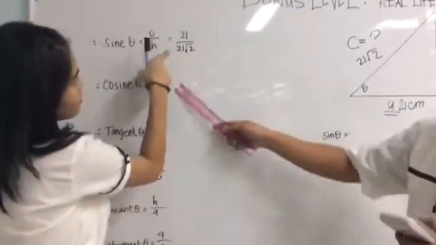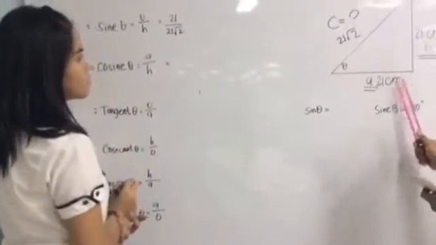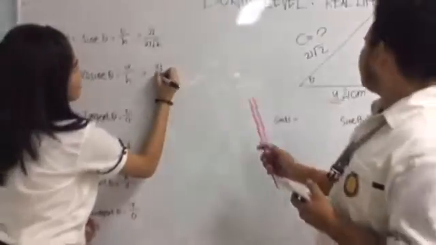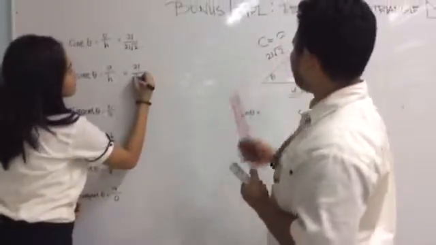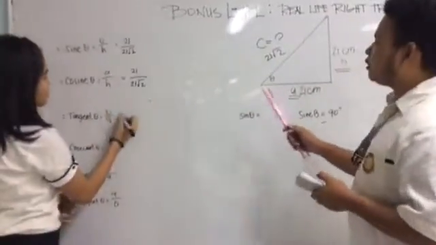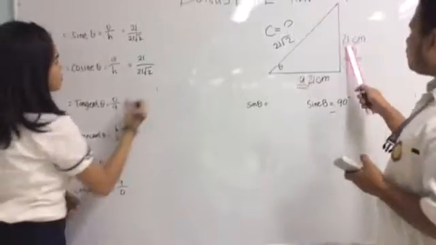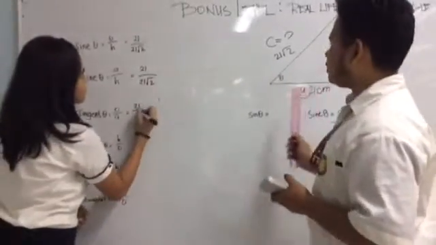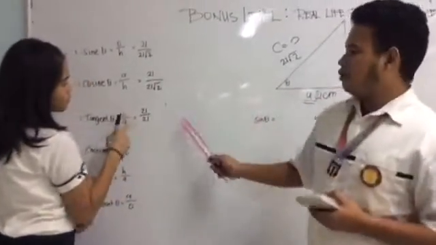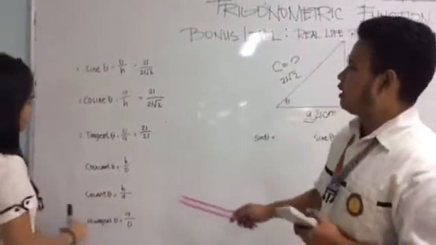And for the cosine, adjacent over hypotenuse, the adjacent is 21 centimeters over the hypotenuse, which is 21 square root of 2. Then for the tangent, opposite over adjacent, opposite is 21 centimeters and adjacent is 21 centimeters.